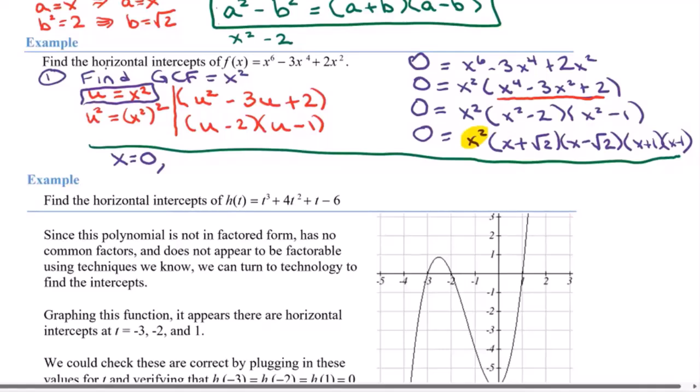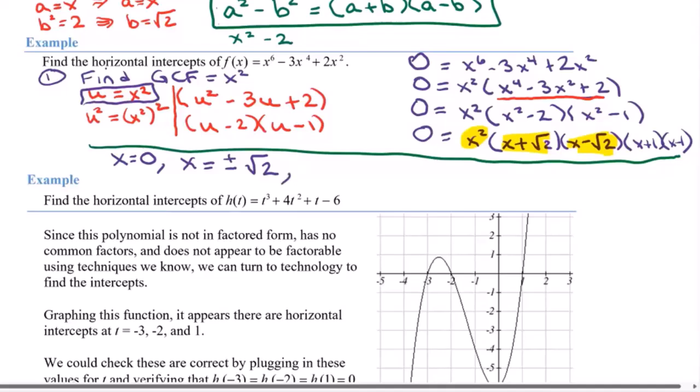I have x plus the square root of 2 and x minus the square root of 2, which gives me x equals plus or minus the square root of 2. Those are two more solutions.